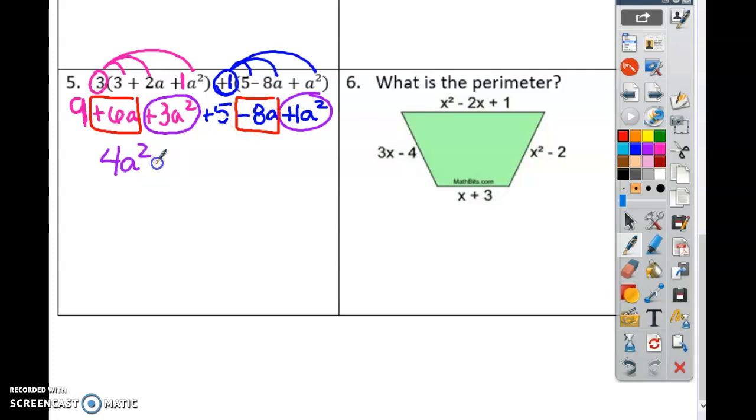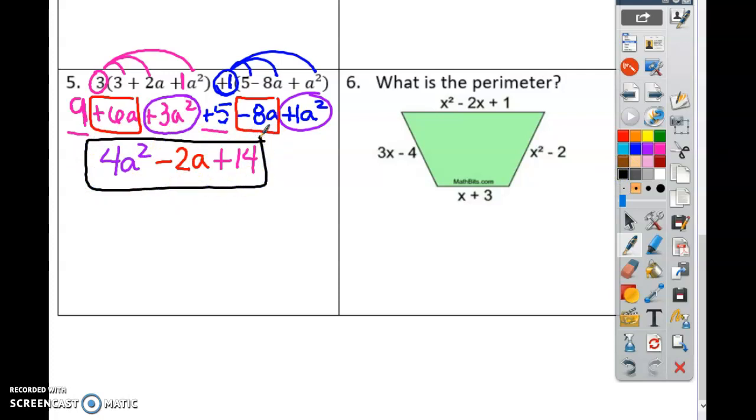Negative 2. Negative 2a. And then the last one. What's 9 plus 5? Positive 14. Okay? So that's it. We're done here.